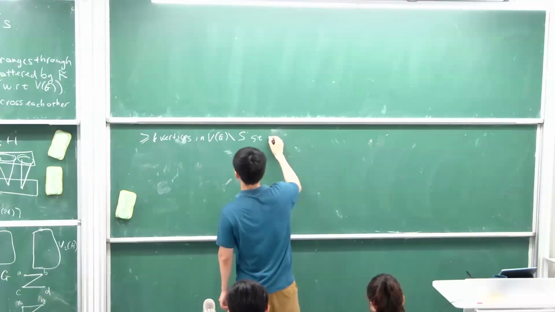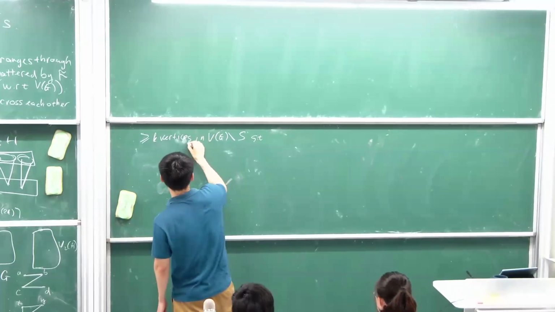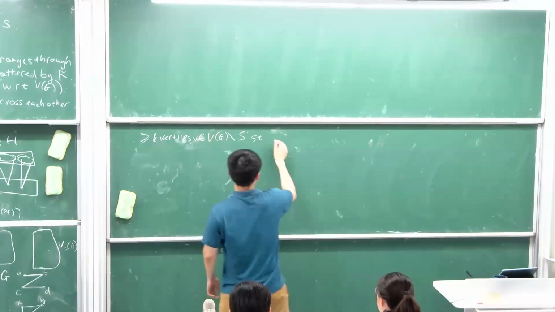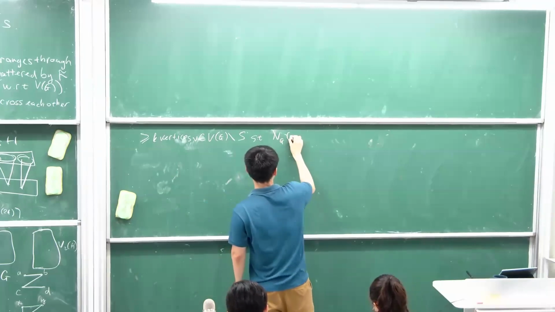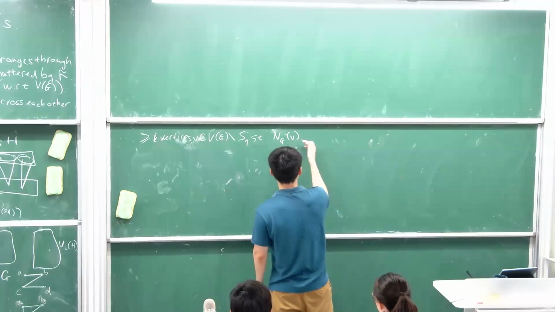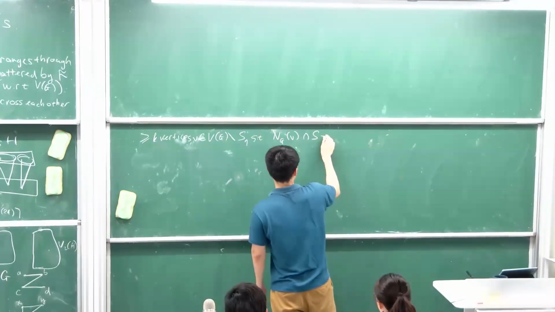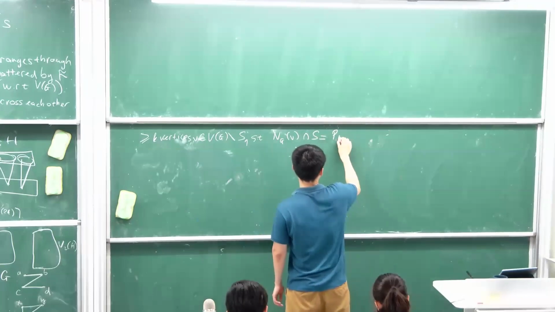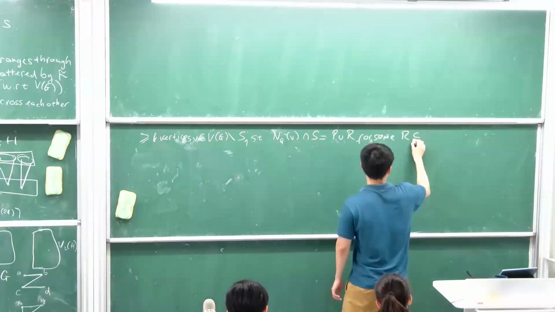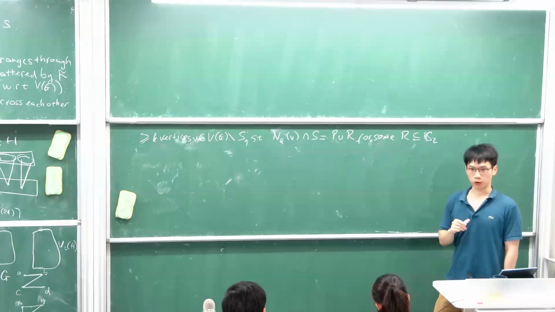Such that, let me say K vertices V, such that in the section V minus S1, the intersection of the neighborhood of V together with S is exactly P union R for some subset R of S2.